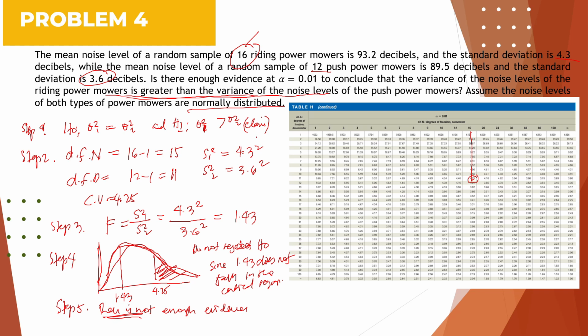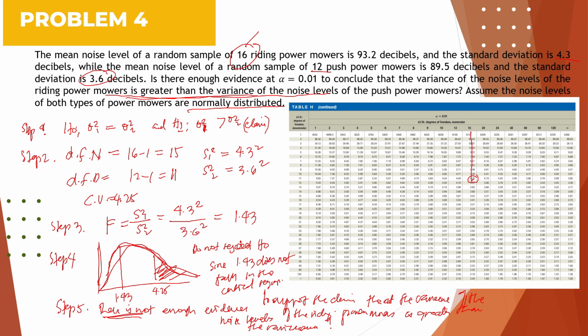Since our H1 is our claim and the decision is to not reject the null hypothesis, we start the statement with: there is not enough evidence to support the claim that the variance of the noise levels of the riding power mowers is greater than the variance of the noise levels of the push power mowers.